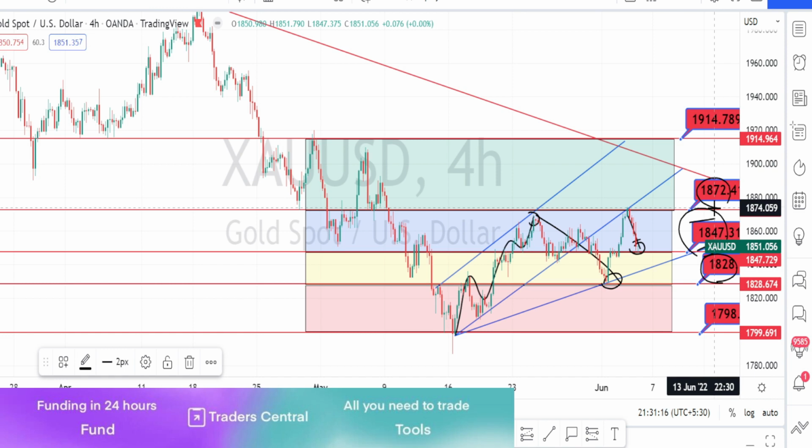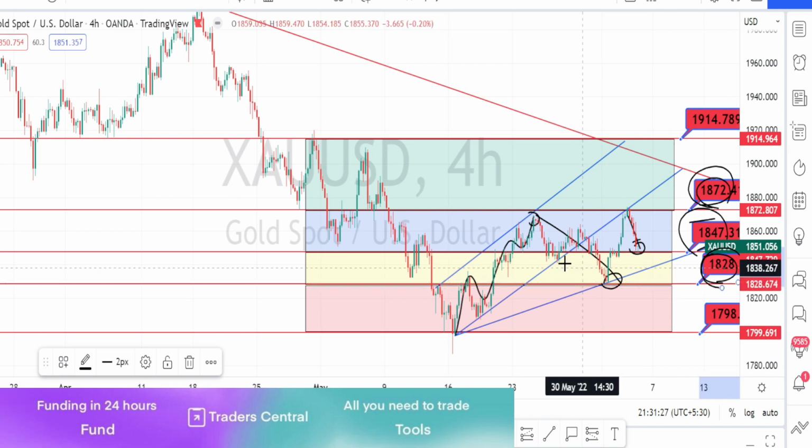So overall, when we look at the price action, it is only trading between the support and resistance level of 1872 to 1828. It is on a sideways price action for now.